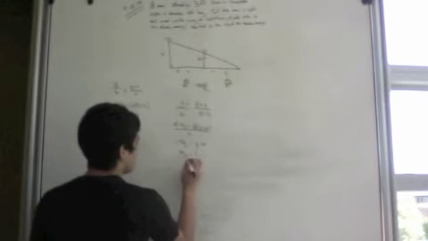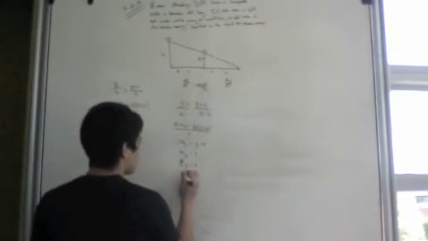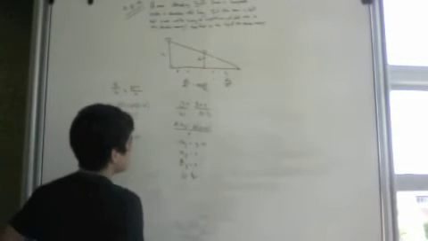We know that 0.75 is 3/4, so 3/4 y is equal to x. So y is equal to 4/3 of x.